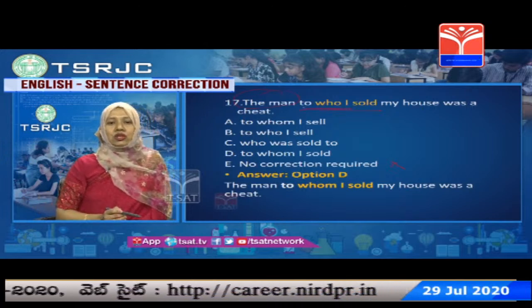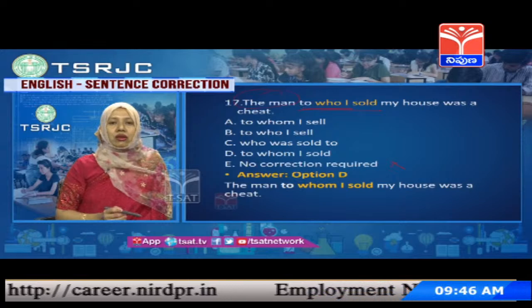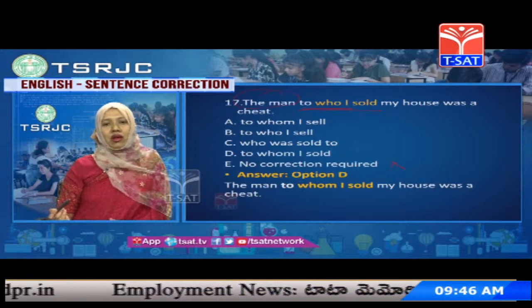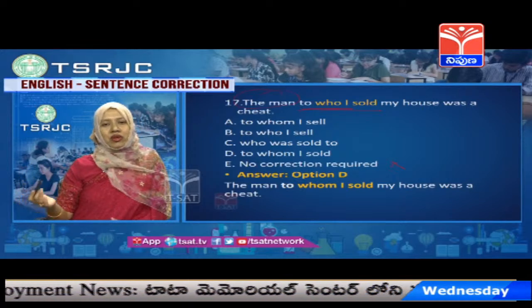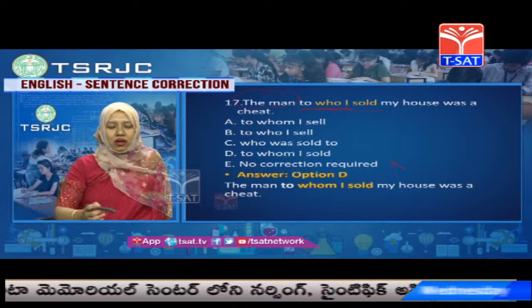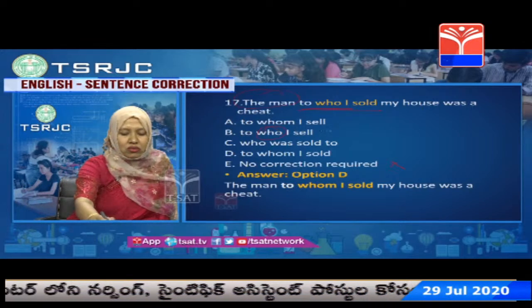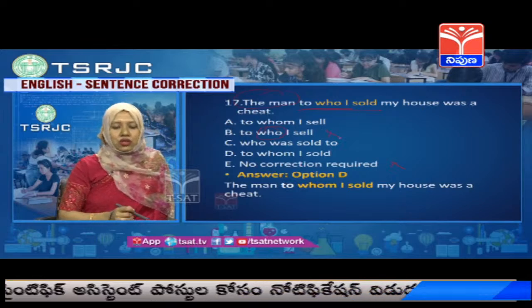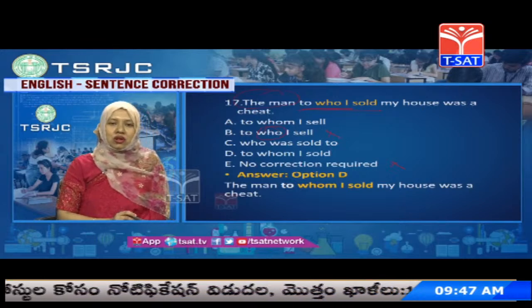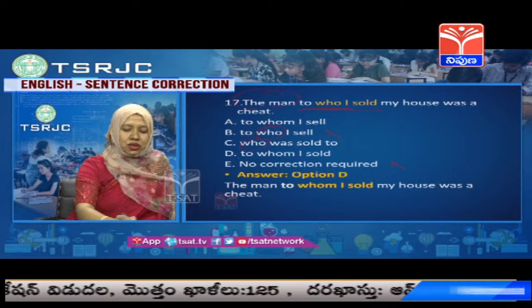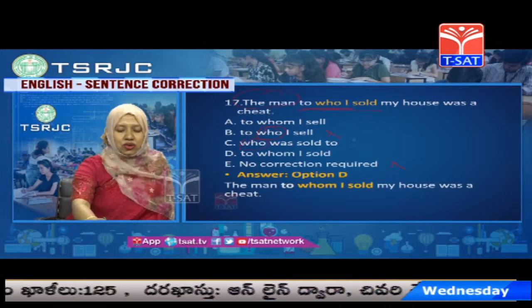Along with "to," you should use "whom." The man to whom I dash my house, whether it should be sell or sold. Now "who" is wrong. We have just now come to a conclusion that who is wrong. Here in option B, "who" is used, so it is eliminated. Again in option C, "who" is there, this also is eliminated.